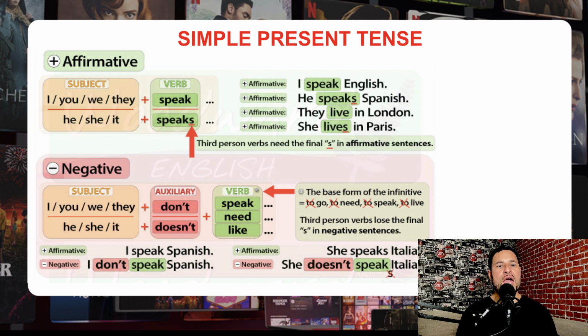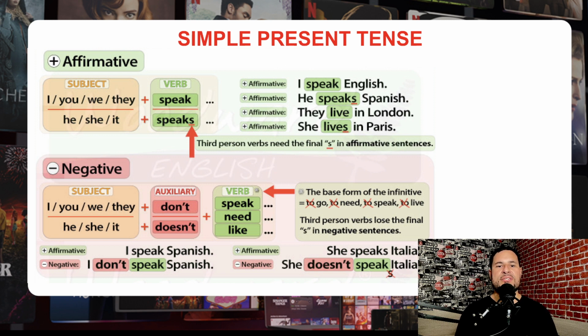Okay, and then negative. For I, you, we, and they, you say don't. So I don't speak, I don't need, I don't like. And for he, she, it, that's the third person singular, you say doesn't, or does not.